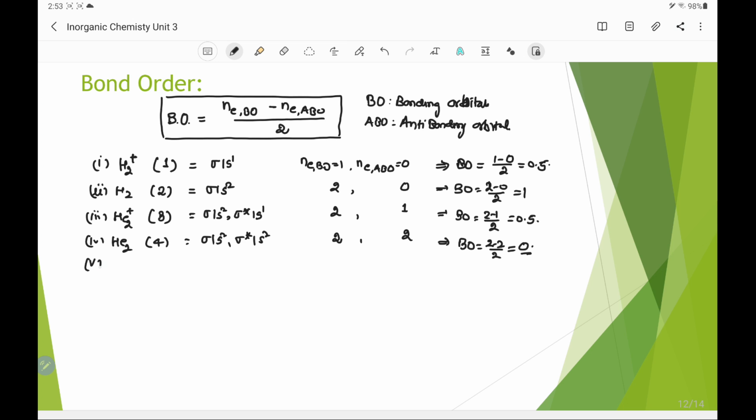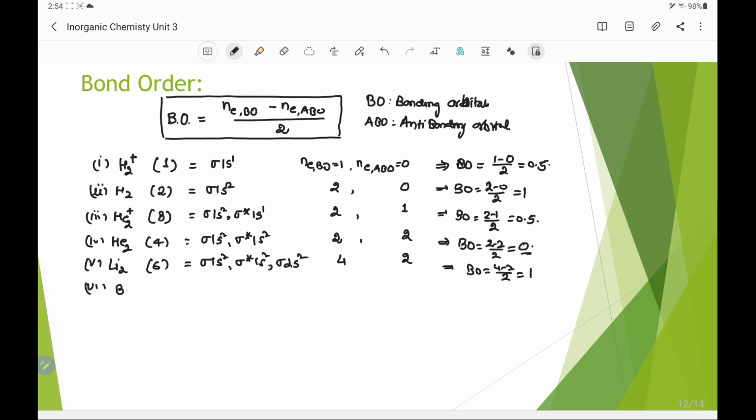Next is lithium 2. It contains 6 electrons. So we can define it as sigma 1s2, sigma star 1s2, and sigma 2s2. Therefore, the number of electrons in the bonding orbitals is 4 and in the anti-bonding orbital it is 2. Therefore, bond order will be equal to 4 minus 2 by 2, that is equal to 1.